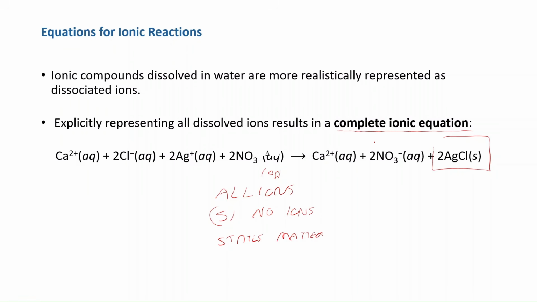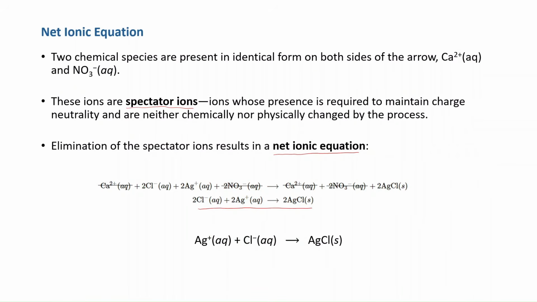Okay, that's the complete or total ionic equation. Both names are used. In this case, you put only the participating ions. You don't put the spectator ions, and again, you still put the states of matter. This is the only time when I insist on writing the states of matter, when you're writing molecular, total, and net ionic equations.